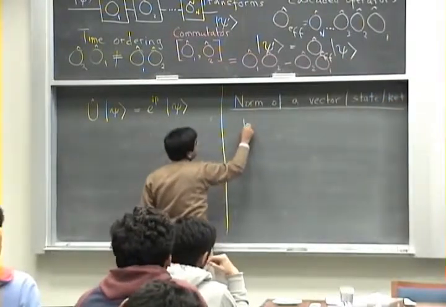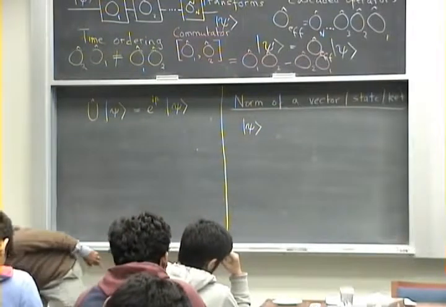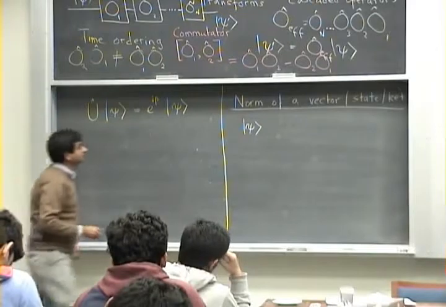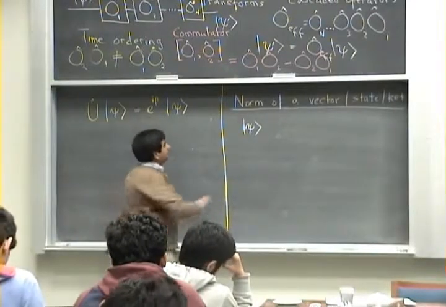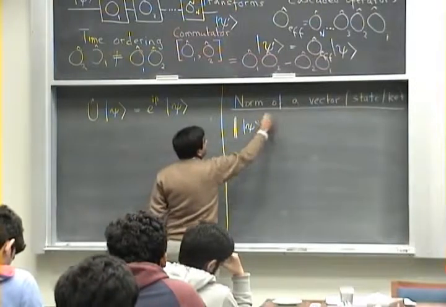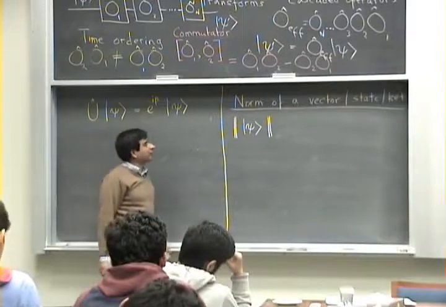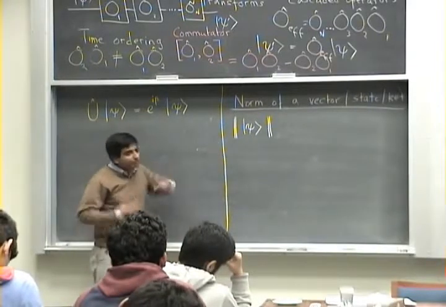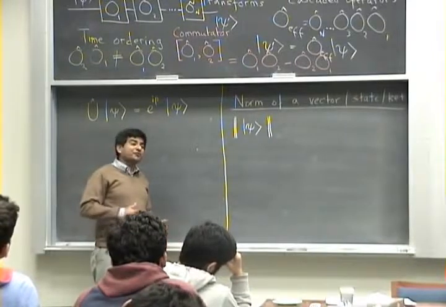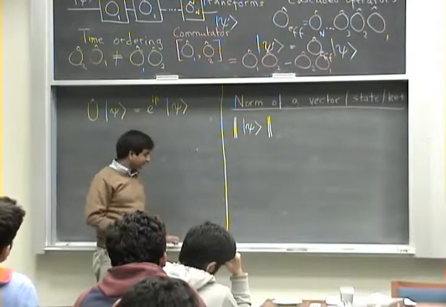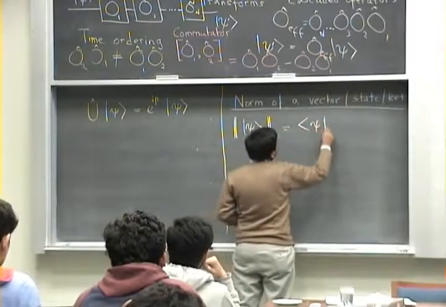So if I have a state psi and I want to find its norm, I just put 2 lines on each side. This is the norm of the state, the norm of the vector. It corresponds to the length of the vector in the classical sense. This is defined as the inner product of the state with itself.